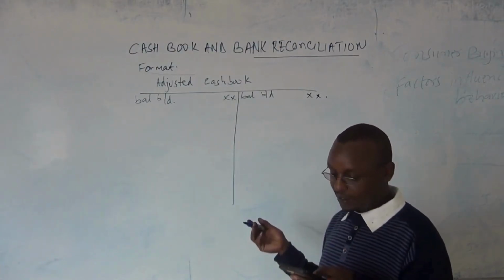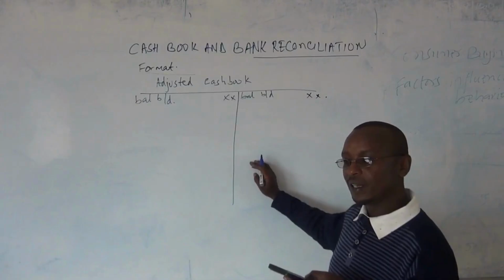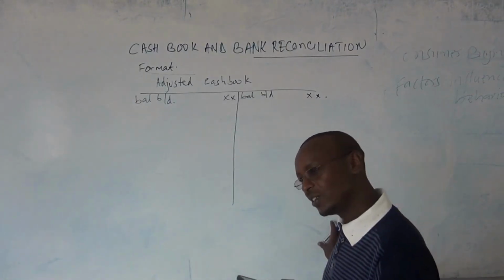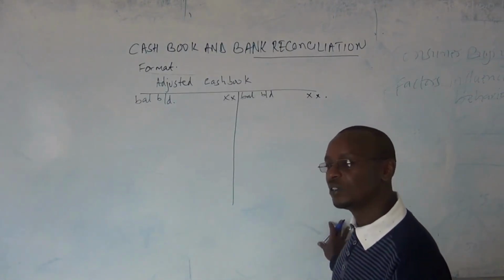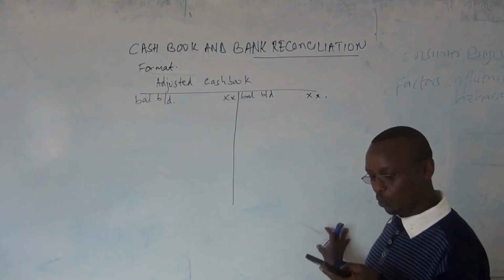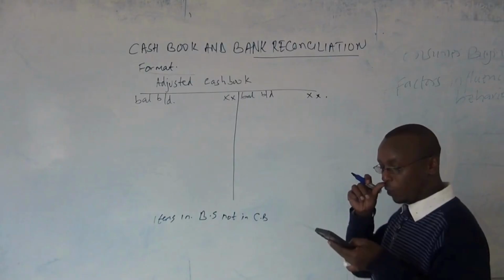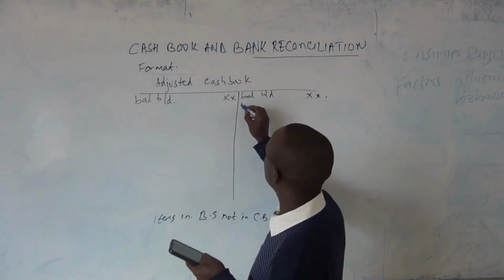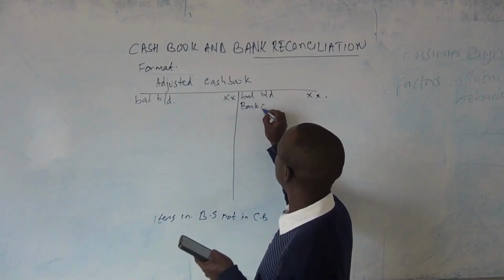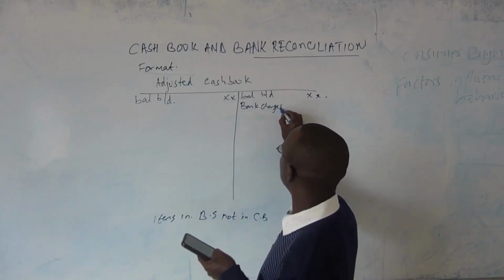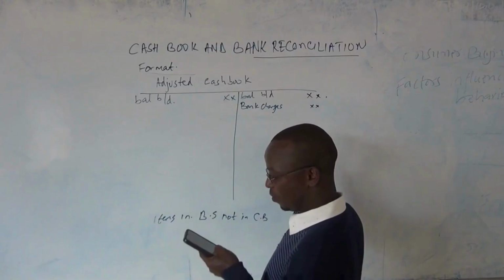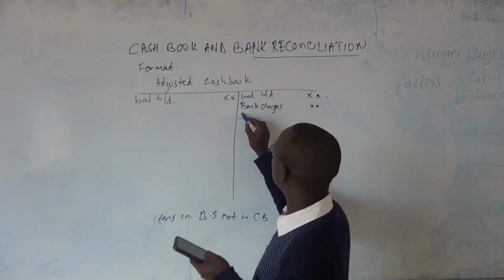You put now the items that are appearing in the bank statement and are not in the cash book. So all items. One of them is bank charges. Those are expenses. We have what else? Standing orders.